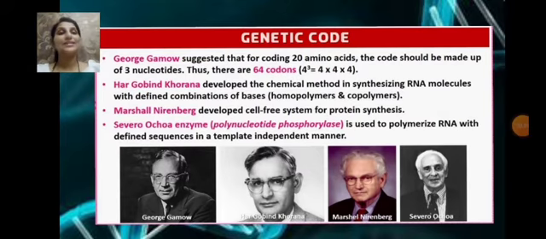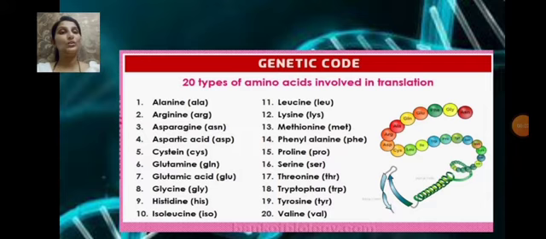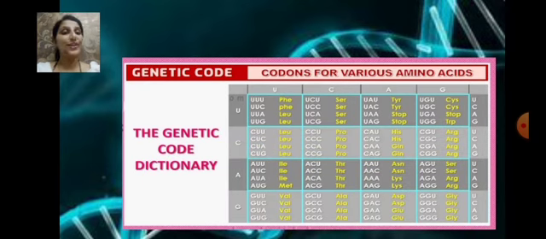So these scientists, George Gamow, Hargobind Khorana, Marshall Nirenberg, and Severo Ochoa, contributed to the deciphering of the genetic code. Using the genetic code, there are 20 amino acids found based on the codons on the mRNAs. These are the 20 amino acids. And this is the genetic code dictionary, the codons for various amino acids.